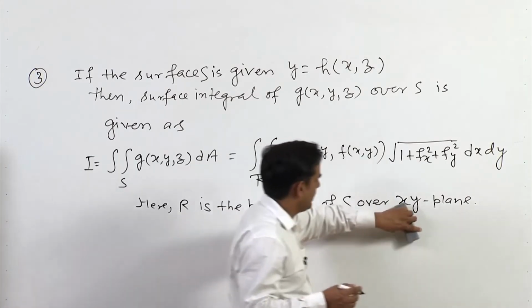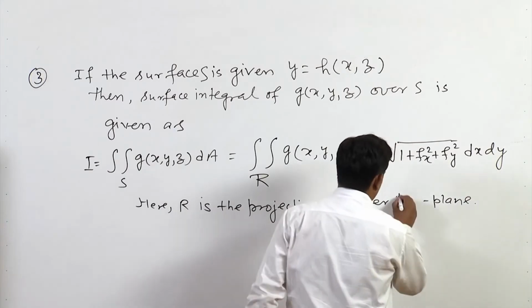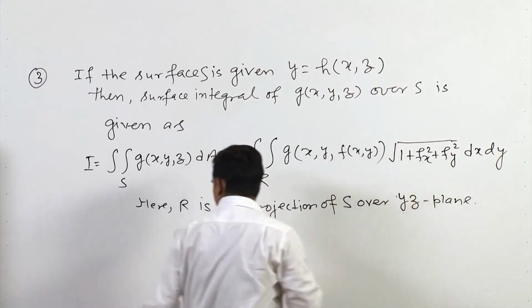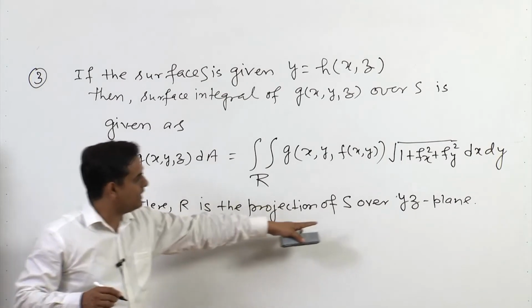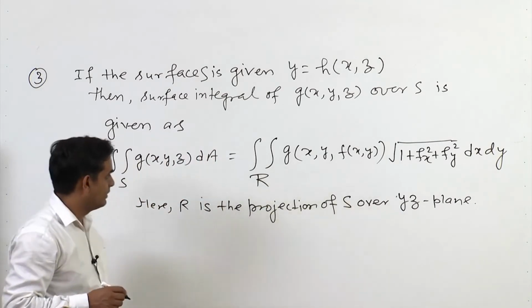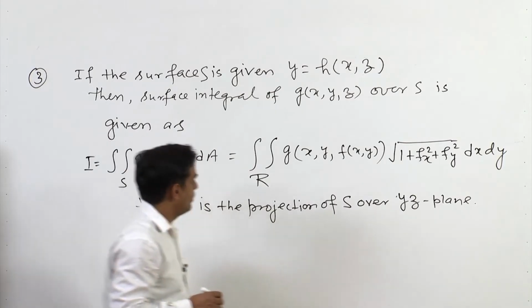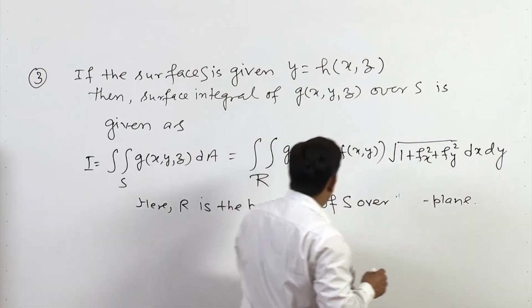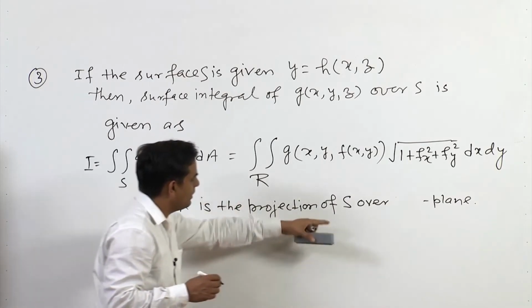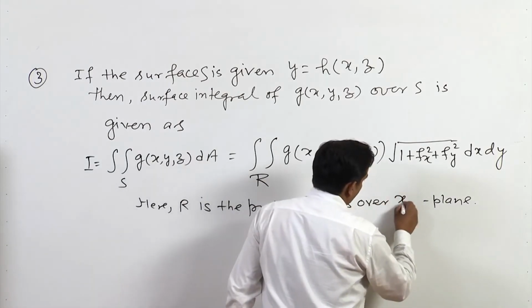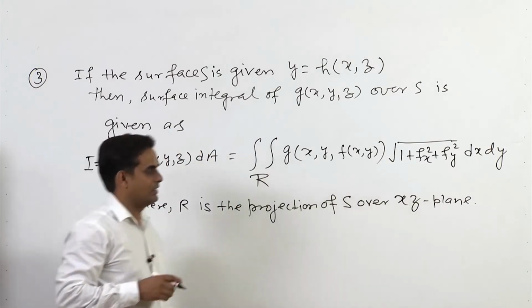So R is the projection of S over the xz plane.